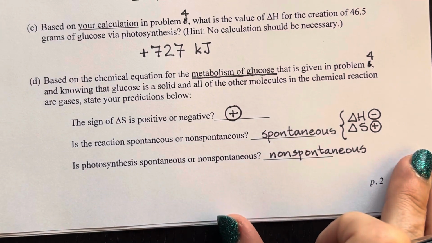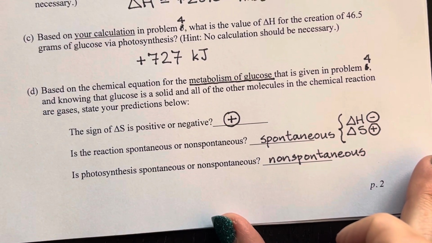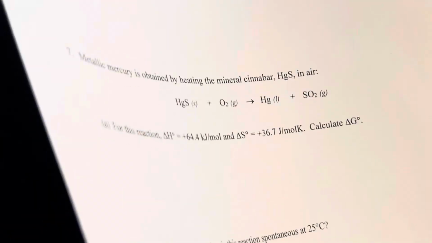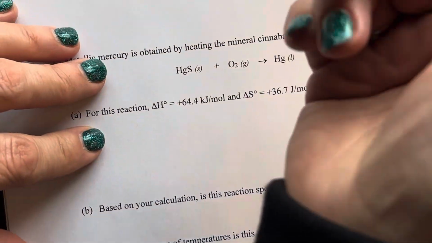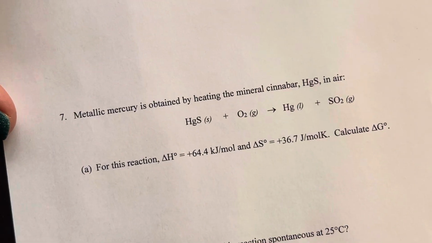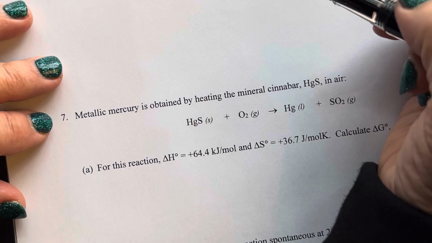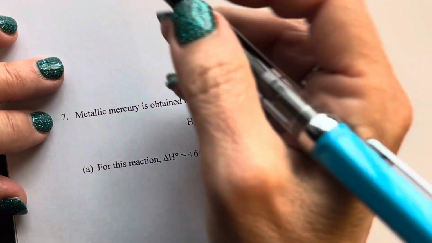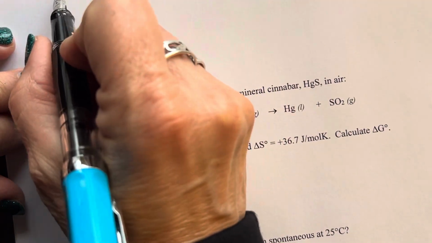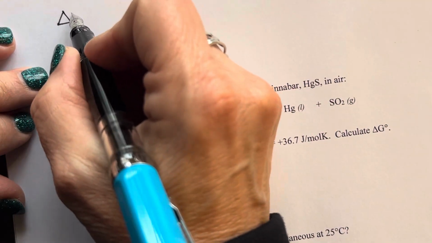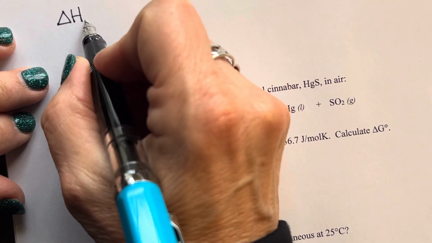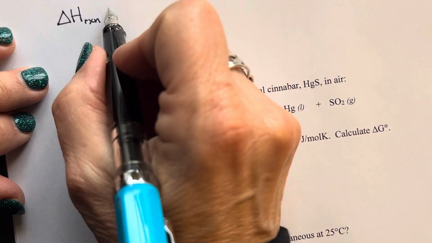Okay, let's continue making this answer key. So we're going to be calculating, these are heats of formation, and we're going to be calculating the heat of reaction from heats of formation.